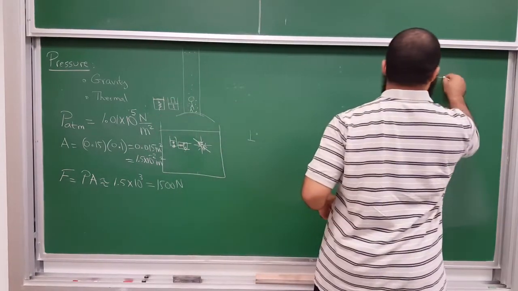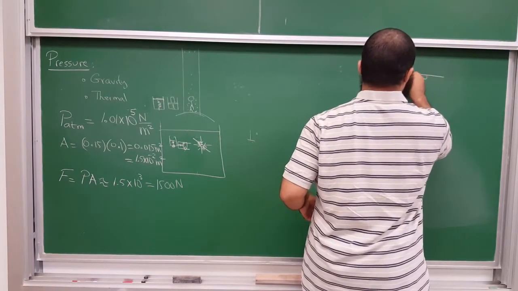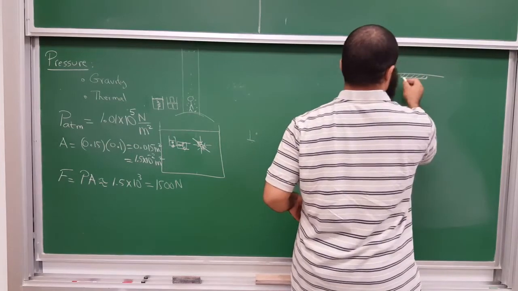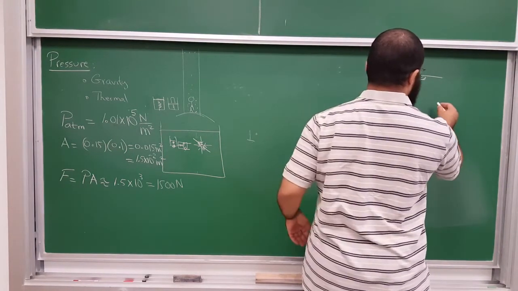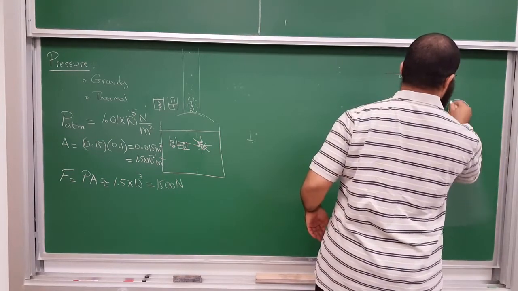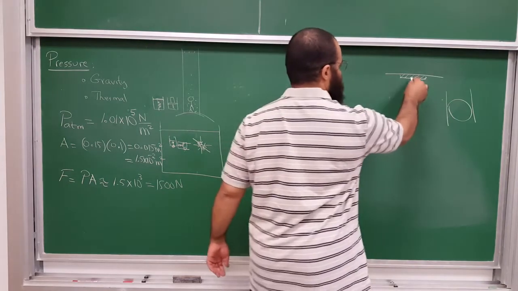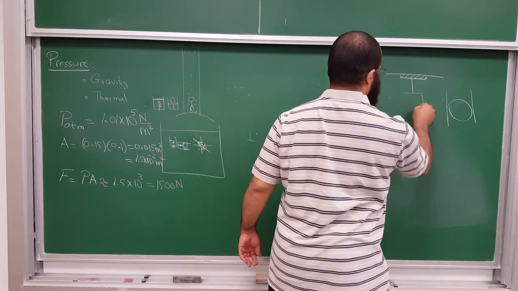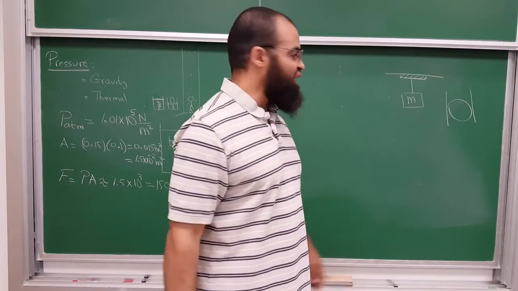So here is a wall, and here is the suction cup. If you look at it from the top, it will look like this. And then you hang something from it, a mass M, and you ask how much mass can it hold.